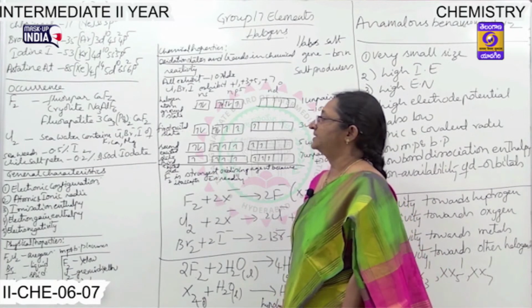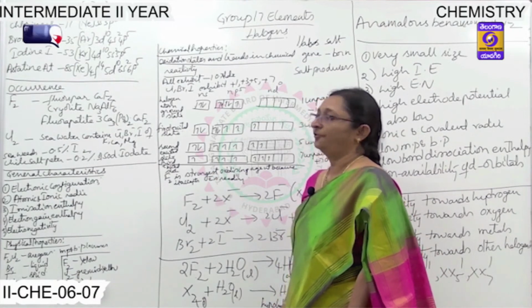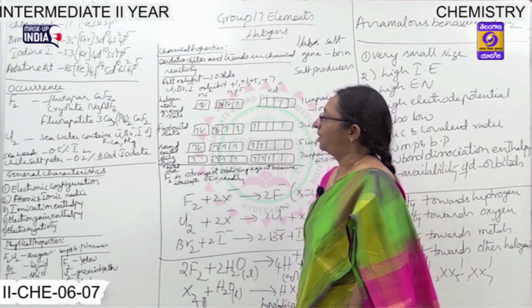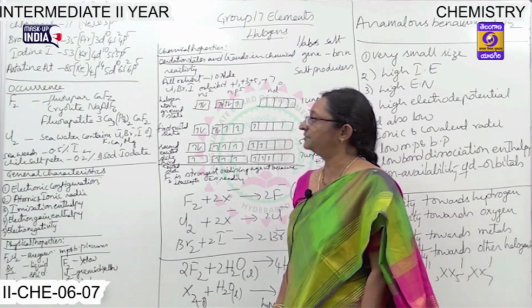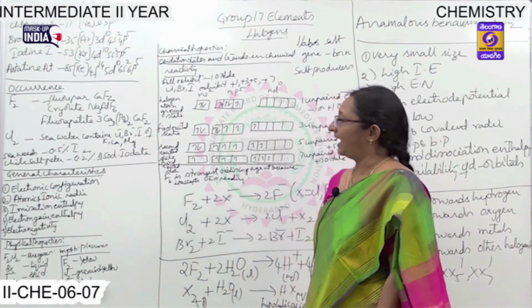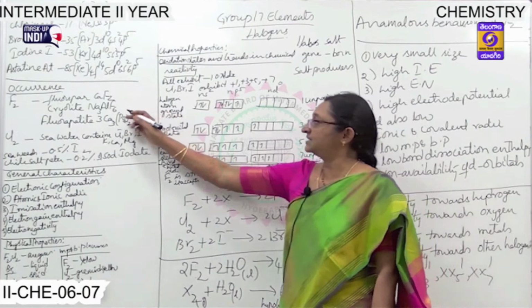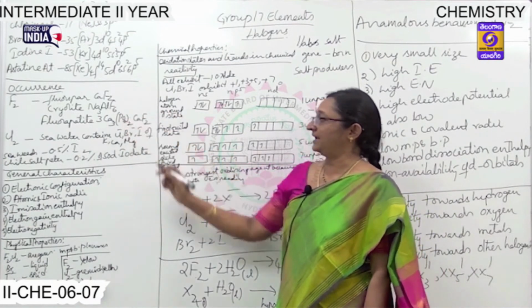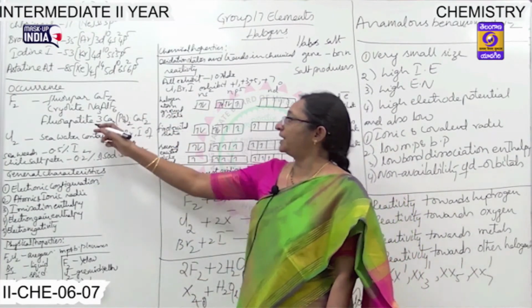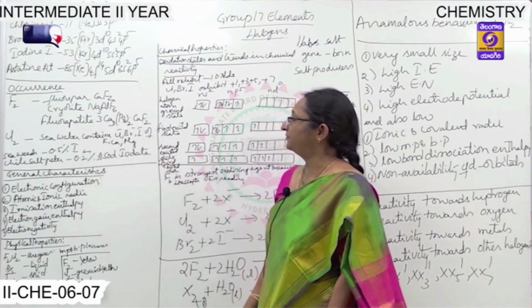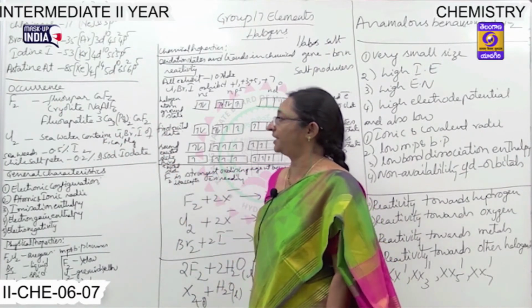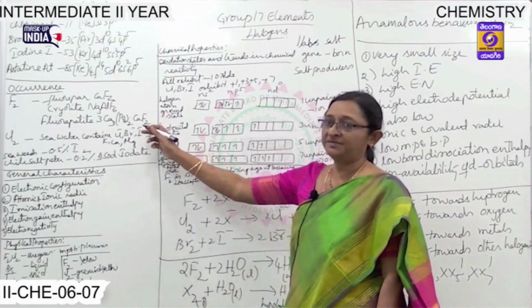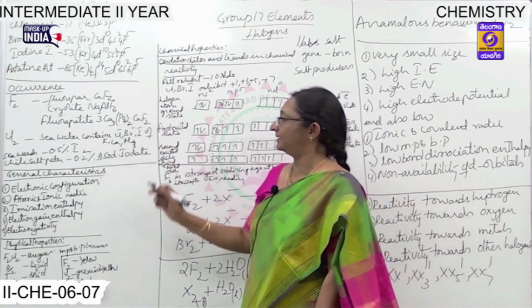fluorine occurs as fluorspar with the formula CaF2, calcium fluoride, and cryolite Na3AlF6, fluorapatite, calcium phosphate and calcium fluoride. So in these forms, fluorine occurs.